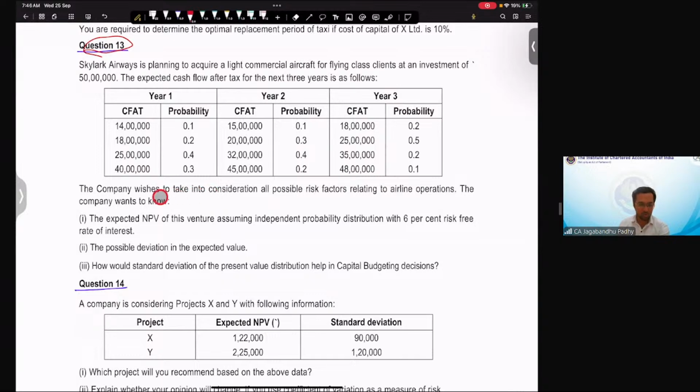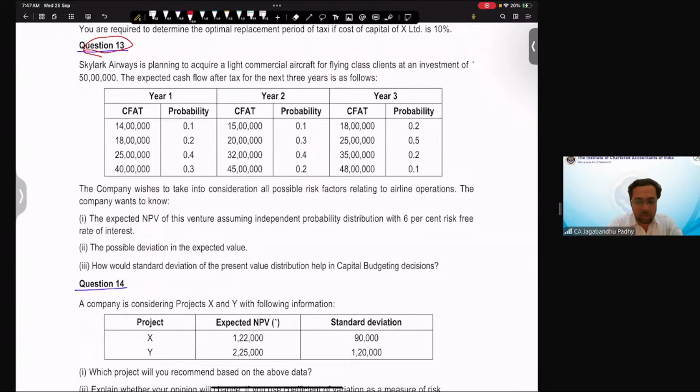The company wants to know the expected NPV of this venture, assuming independent probability distribution with a 6% risk-free rate of interest, and the possible deviation in the expected value. How would the standard deviation of the present value distribution help in capital budgeting decision?